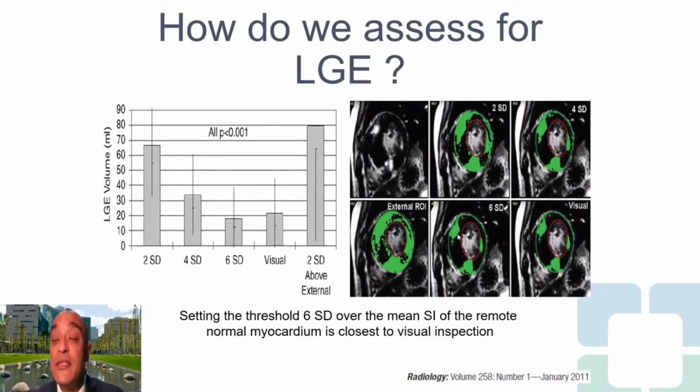If you have 6 standard deviations, that was most closely aligned to visual estimation in terms of fibrosis assessment. So at least in our lab, when we are making clinical reads, we are looking at things visually, but if we are quantifying, then we quantify and report it out at 6 standard deviations. We don't want to be oversensitive. We don't want to be under specific. We want to be just right.